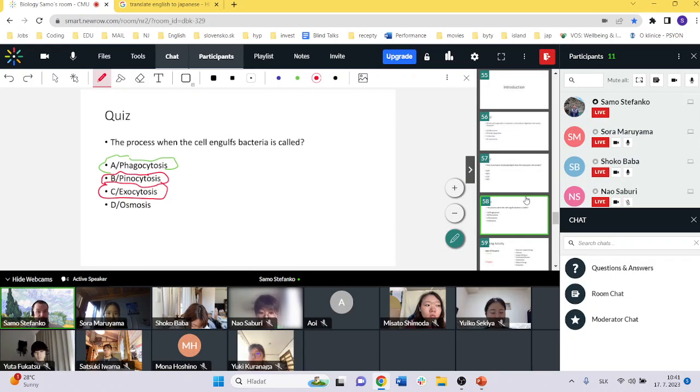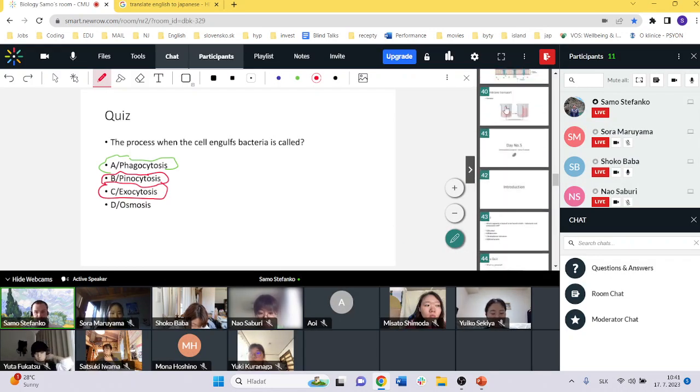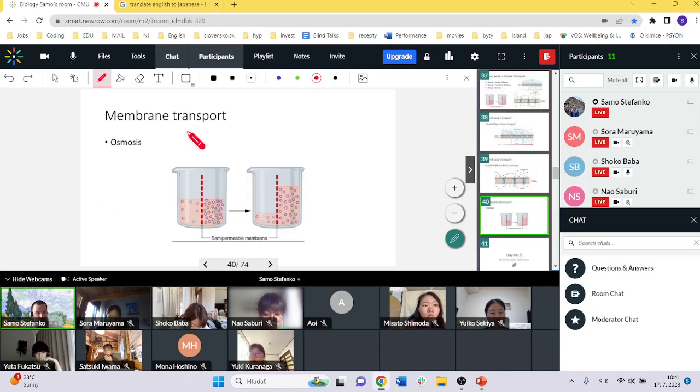Okay, most of you went for B, passive, and most of you were correct. So let me remind you what osmosis is. Osmosis is a specific passive transport, so it does not require energy. If we have a semi-permeable membrane here, and on the right side there is a higher concentrated solute, water and salt in higher concentration, and on the left side we have water and solutes in lower concentration.